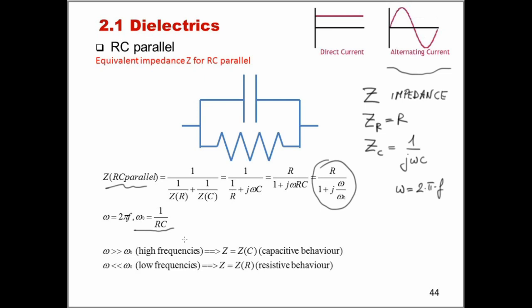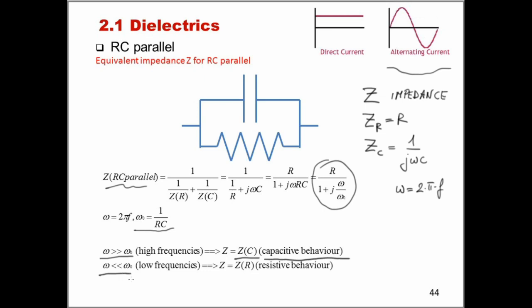But most importantly, this formula is telling us that if omega is much bigger than omega 0, which in other words we can translate as when we are at high frequencies, the impedance of this RC parallel circuit is actually equivalent to the impedance of the capacitor, and so this circuit behaves effectively as a capacitor.